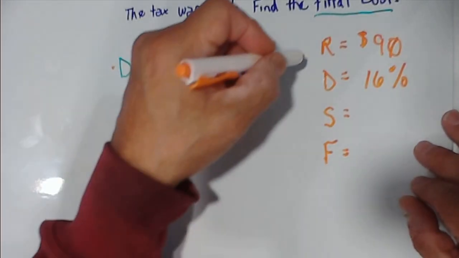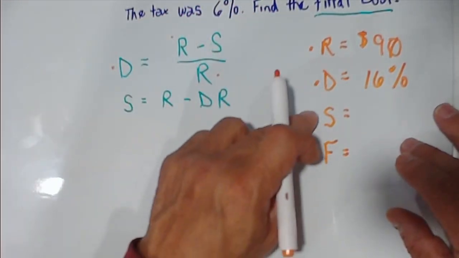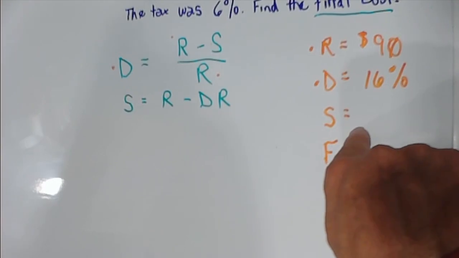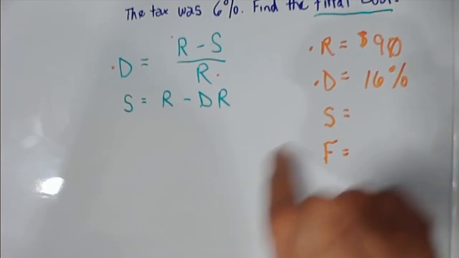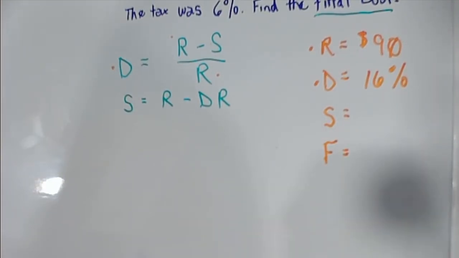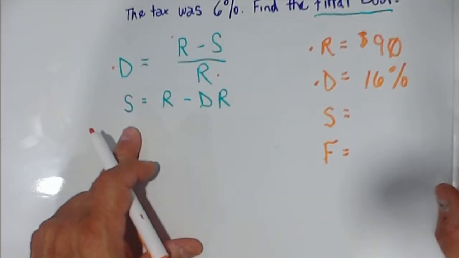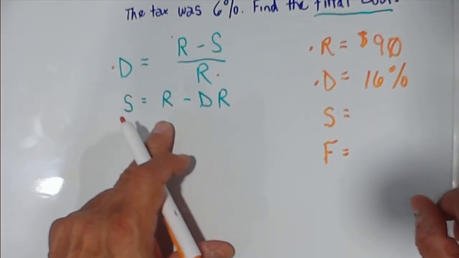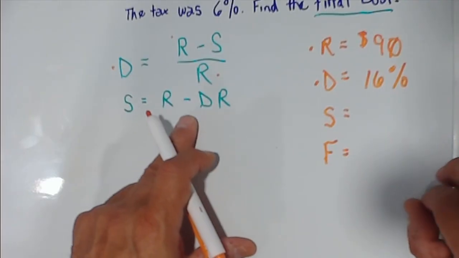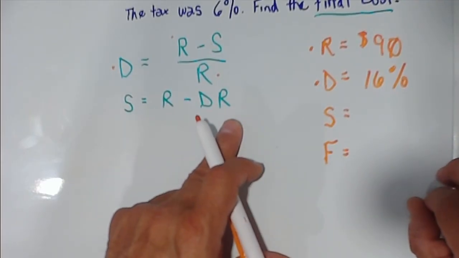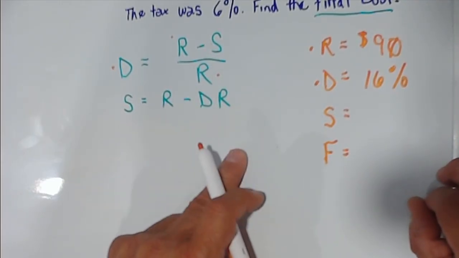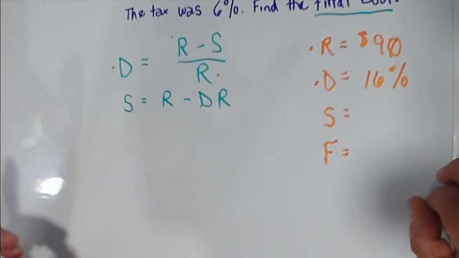We know these two, we don't know these two, and we can solve for the sales price, because the sales price is the regular price minus the discount times the regular price. So let's plug in some numbers.